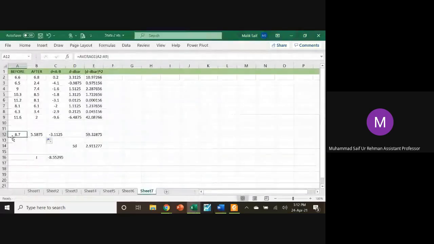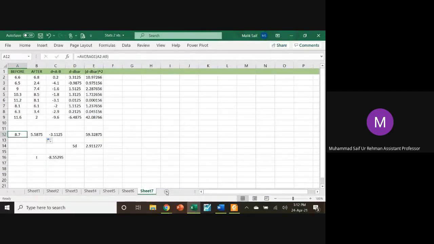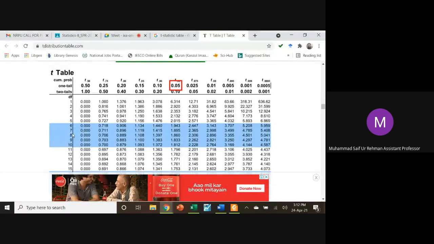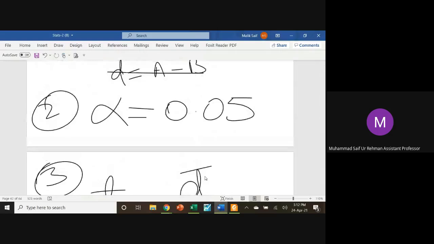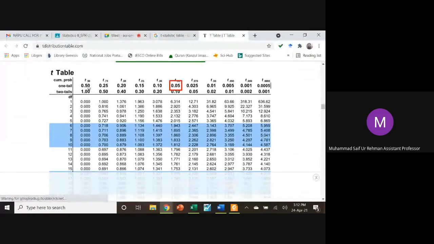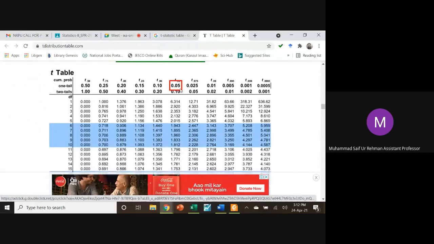So 8 minus 1, 7. And what was the level of significance? 0.05, single tail, 0.05. Come down. Degree of freedom is 7. So 1.895 is the critical value.